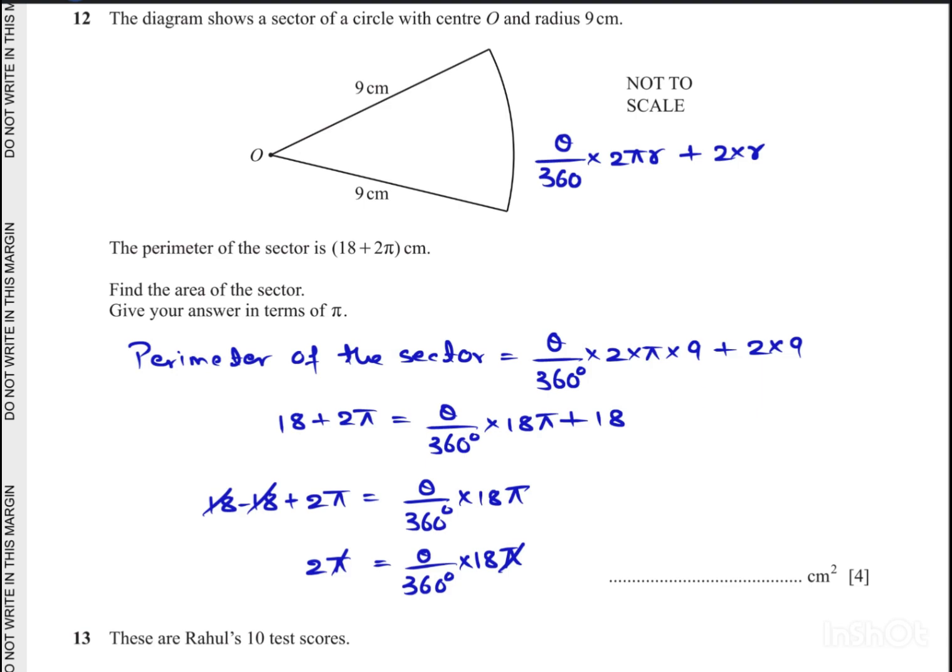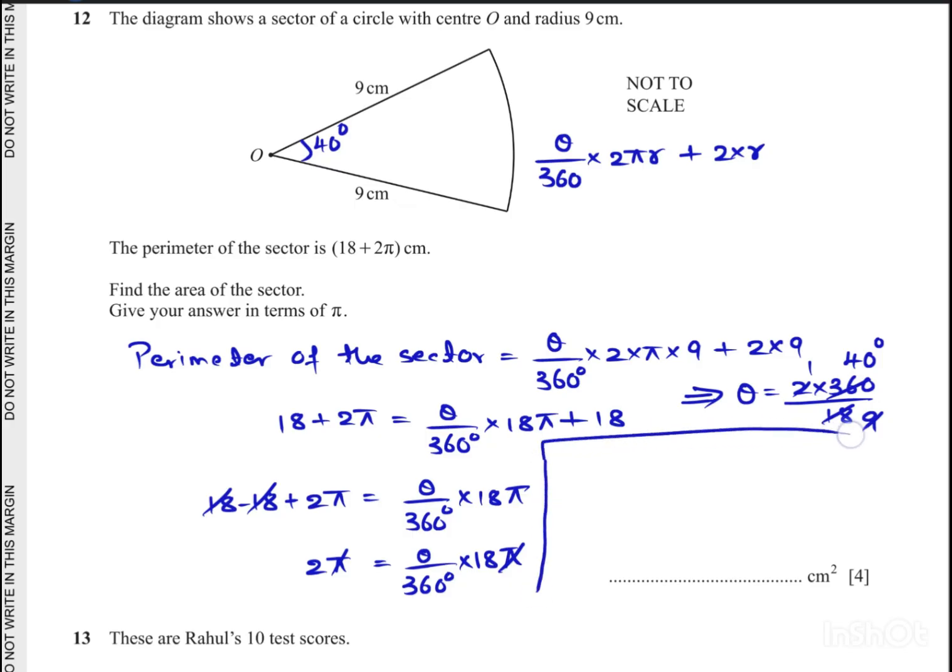Now to find the value of theta, theta is equal to 2 into 360 by 18. 2 times 1, 2 times 9, 9 times 40. So the angle we got is 40. Using this angle, now find the area. Area is equal to theta by 360 into pi r square, not 2 pi r.